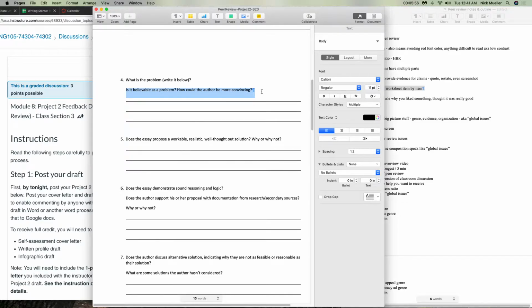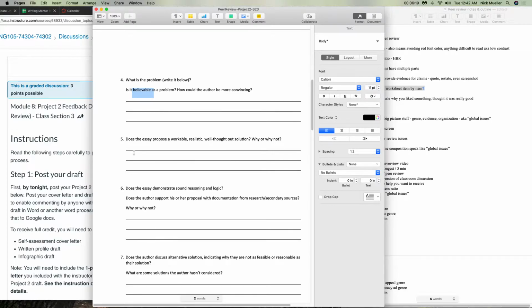It's in the details. That's where the believability tends to come from. So when we look at the question, how could the author be more convincing, consider what details would bring you into the scene so that you can picture it to yourself, so you can experience it in your imagination. Question, or prompt 5.